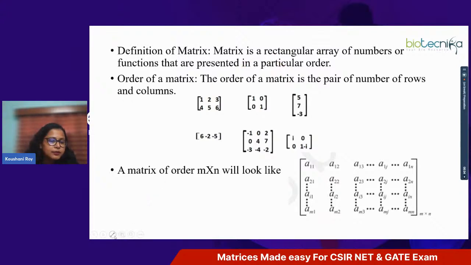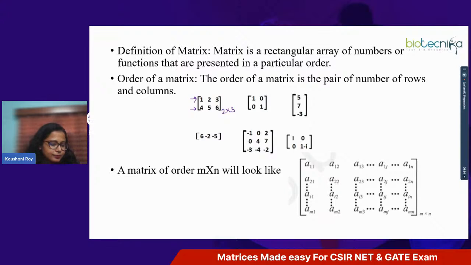Let us see how we can define what the rows and columns of a matrix are. Rows are those arrays which are arranged horizontally, and columns are those arrays which are arranged vertically. Here there are two horizontal lines and three vertical lines, so we can write it as 2 cross 3.